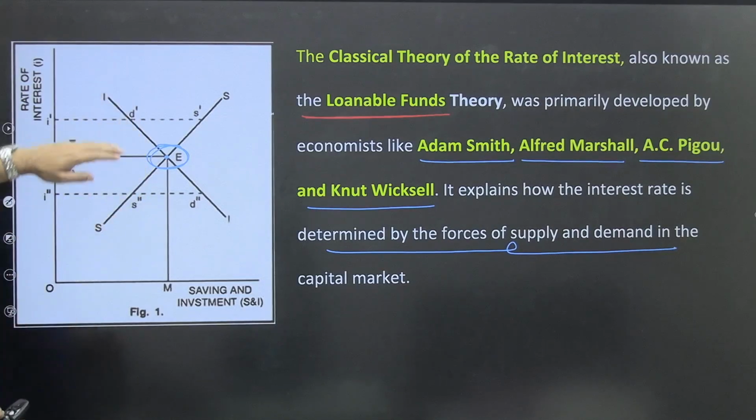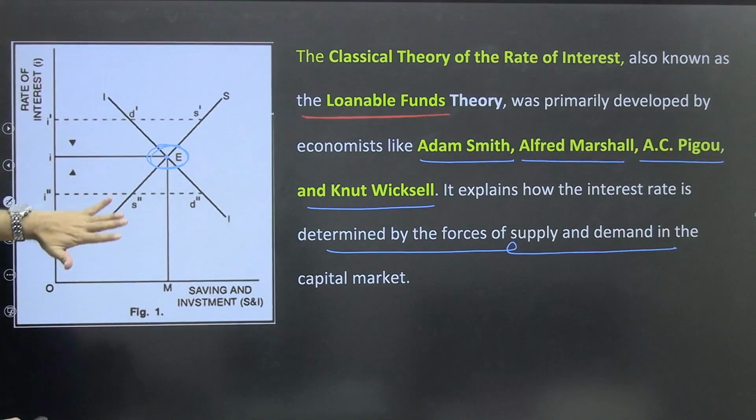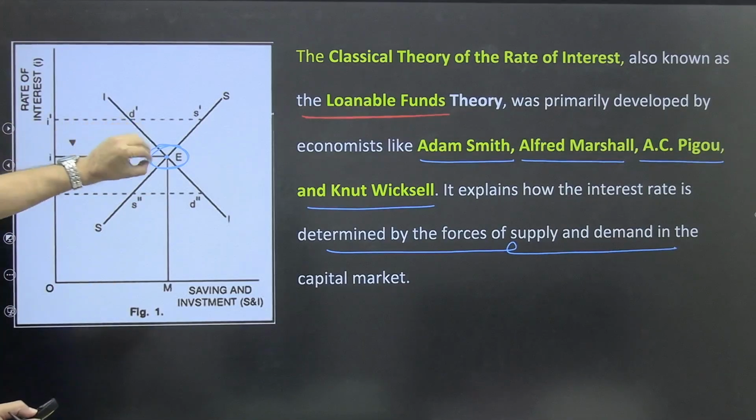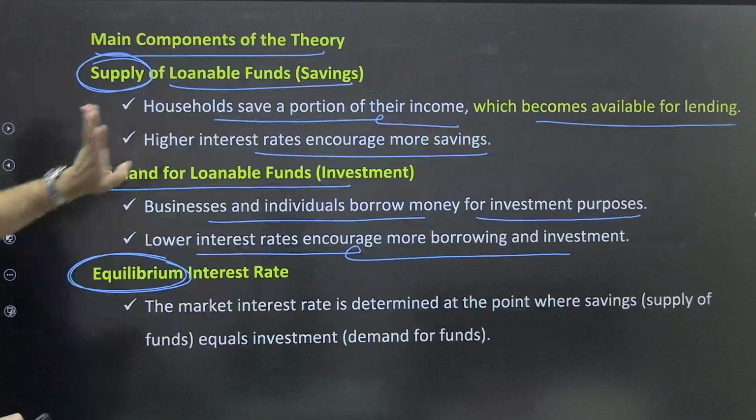So if it is more than the equilibrium or less than it, those demand and supply factors, or market factors, will adjust and we'll find an equilibrium.